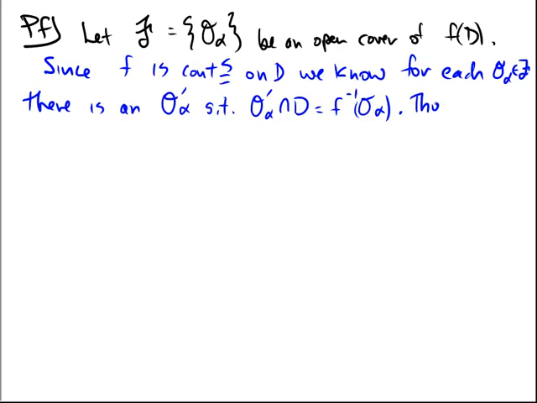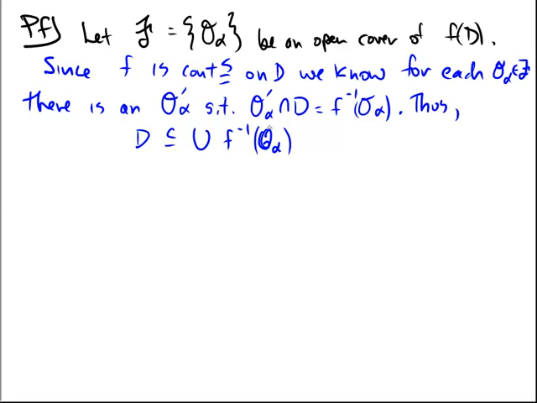Thus, D would be a subset of the union of all of the inverse images, f inverse of O alphas. No, not O alpha primes, just O alphas, because those are the ones in the other set.